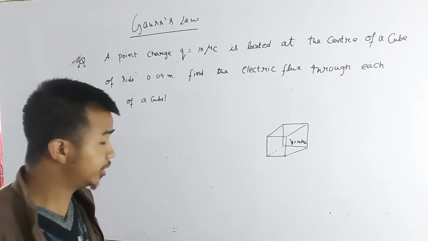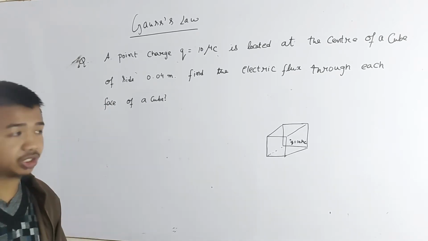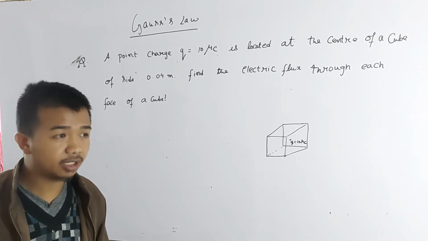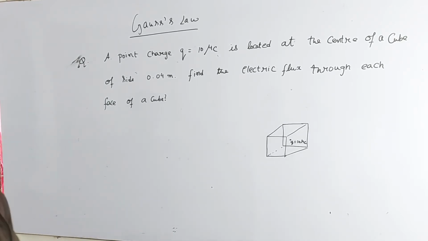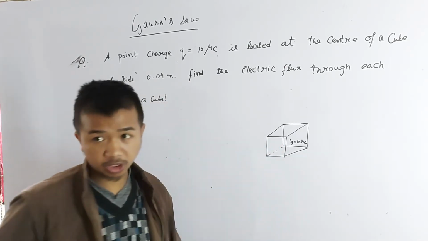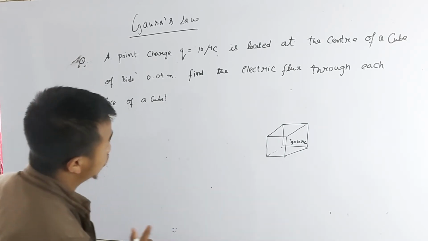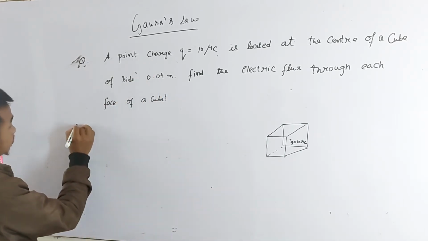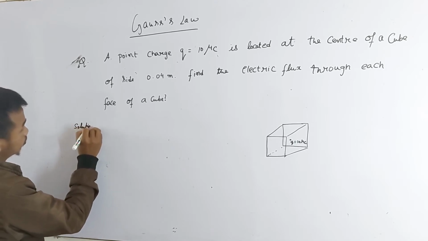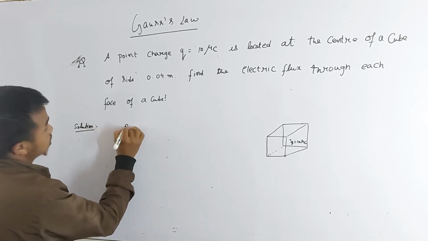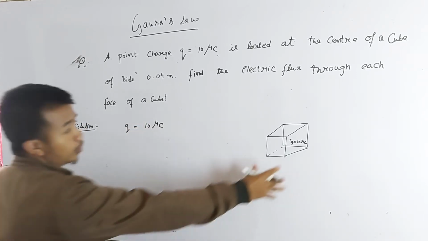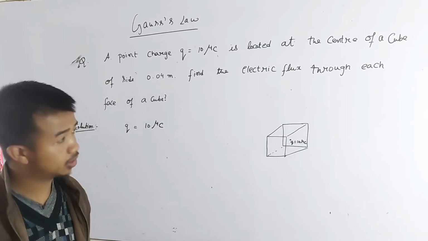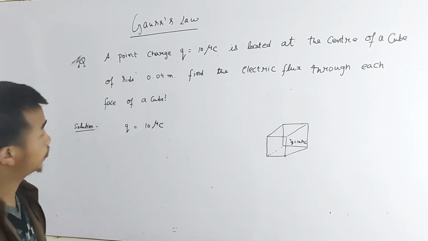We have learned earlier that if we have a charge which is stationary, or at rest, there are a number of electric lines of force coming out from the charge if it is positive. According to the question, this Q is equal to 10 microcoulomb. If you see from here, this one is a closed surface, so we can apply Gauss's law.